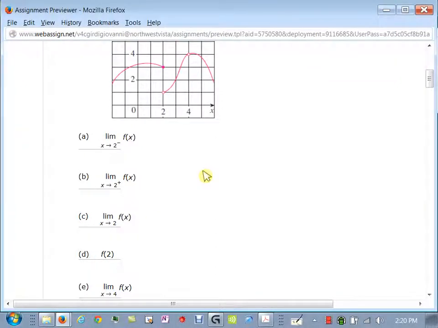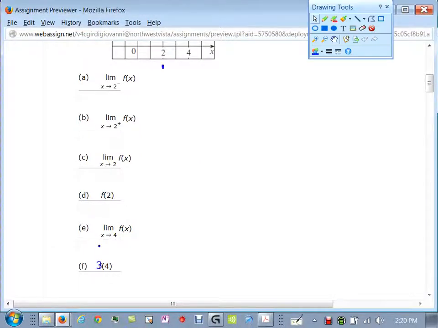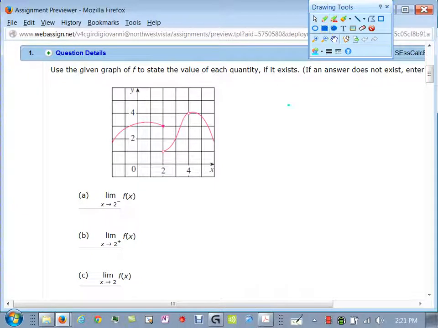Now let's look at what is the limit as we approach 4, and then what is f of 4? All right. So I want the limit as x approaches 4 of the function, and then I want to know what f of 4 is.